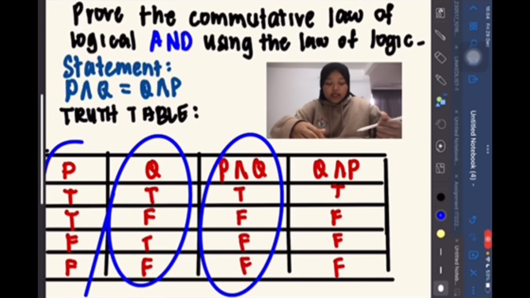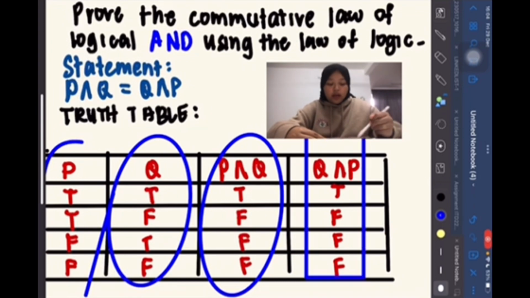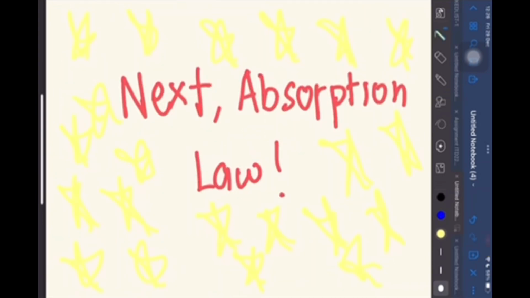As you can see, for every combination of truth values for P and Q, the values in the P and Q column are identical to the values in the Q and P column. This confirms that P and Q is indeed equal to Q and P for all possible truth values of P and Q, and the commutative law of logical AND holds.